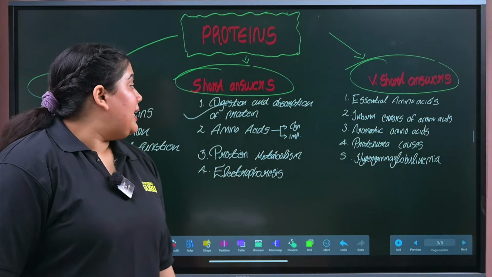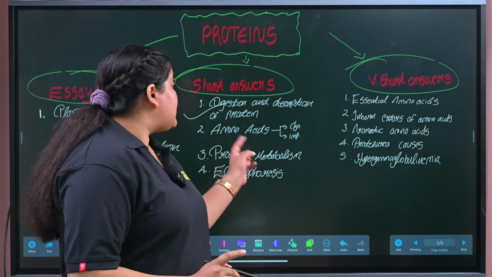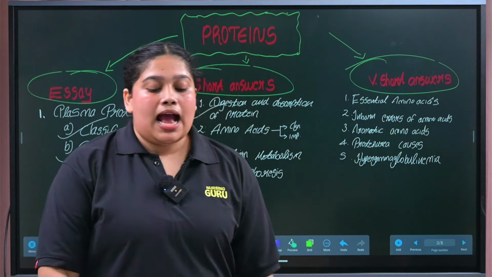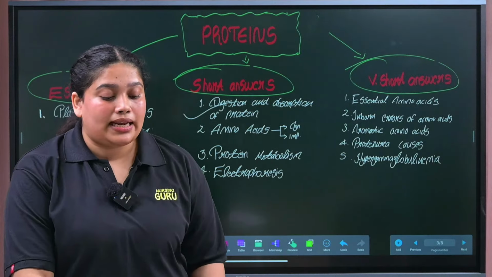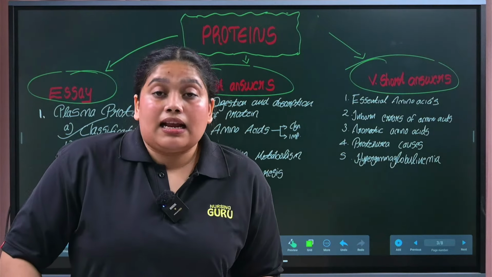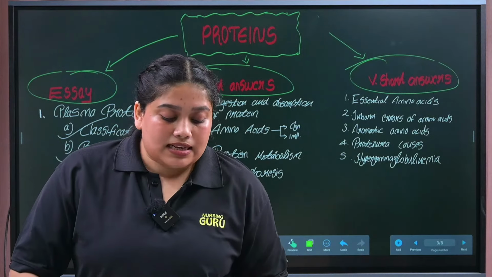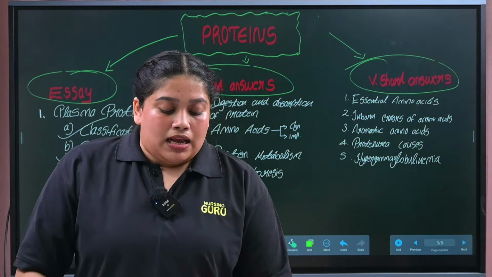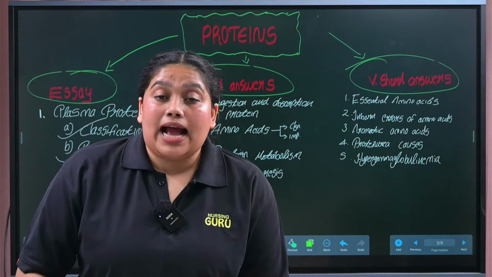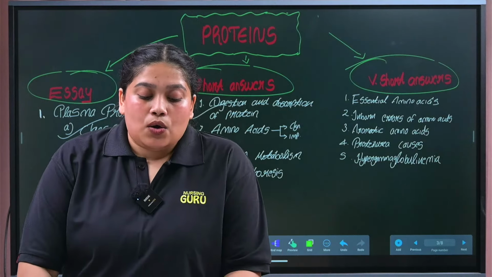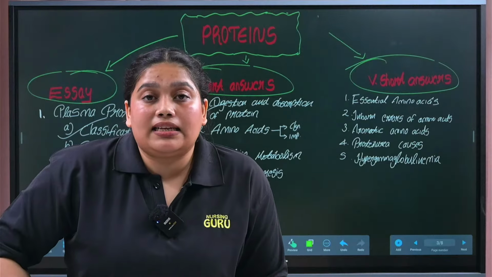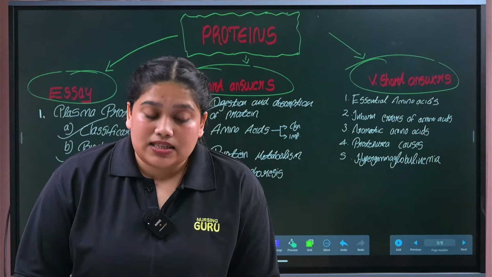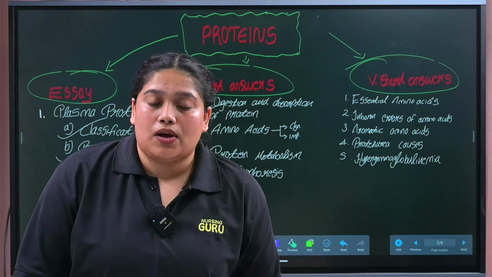Clear? Next, we'll move on to the second short answer question, that is amino acid. What is an amino acid? Define what is amino acid and classify amino acids. Mainly for the amino acid, there are 2 classifications. The first classification has 2 subdivisions. Okay, we'll go into detail. First classification is based on nutritional requirement, and also classification based on metabolic rate. The first has 2 subdivisions, essential amino acids and non-essential amino acids.